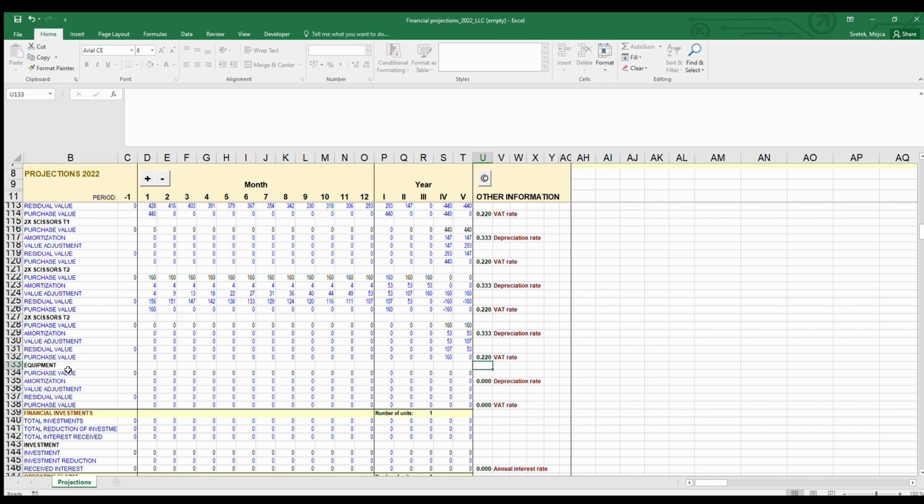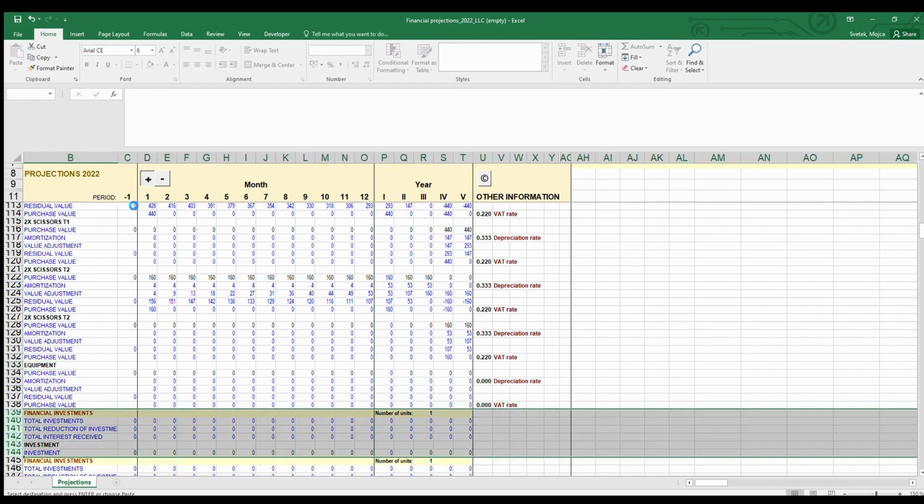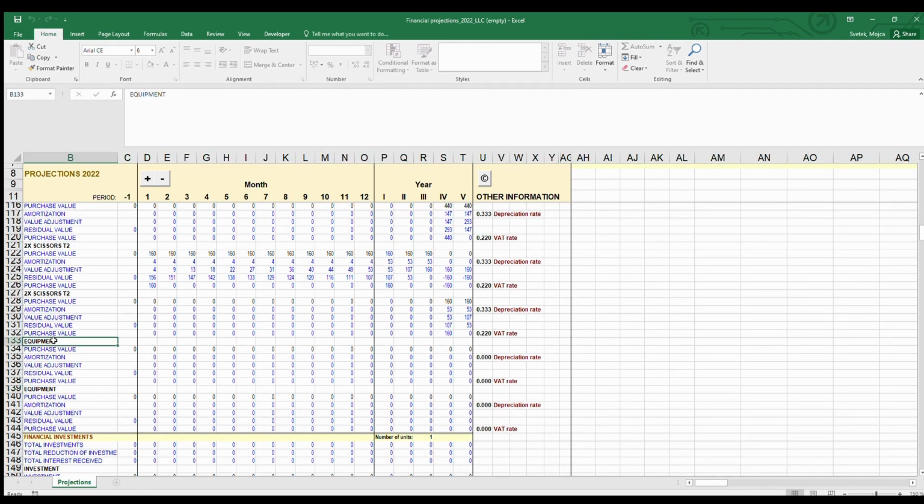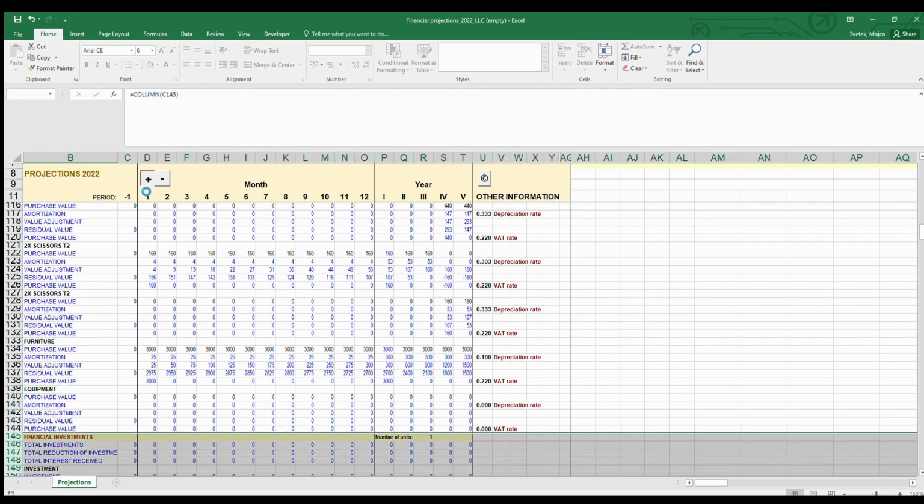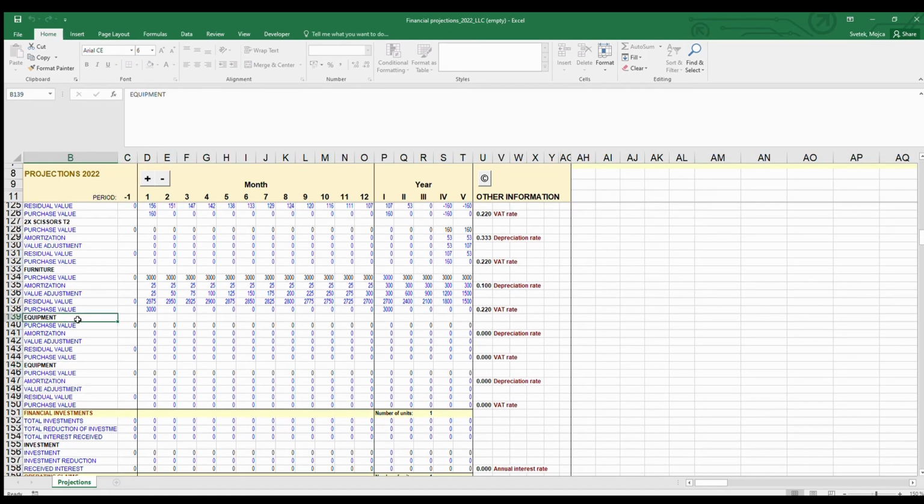Let's add furniture, which will last about 10 years. And finally, cash register, which will last 5 years.